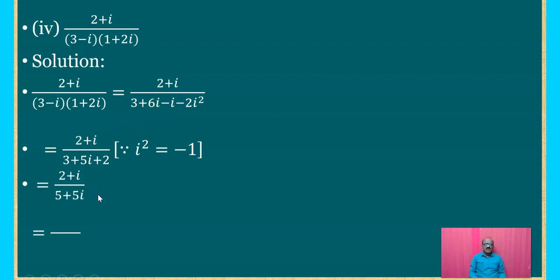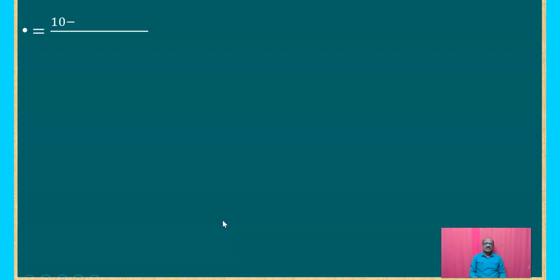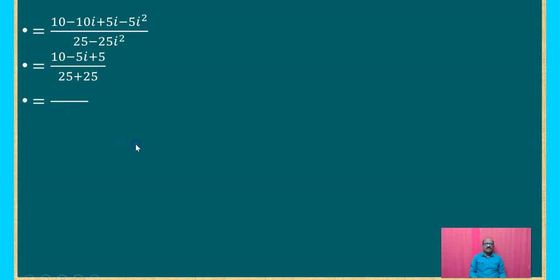Therefore (2 + i)/(5 + 5i) multiplied with its conjugate. Their multiplication, you will get (10 − 5i + 5)/(25 + 25).